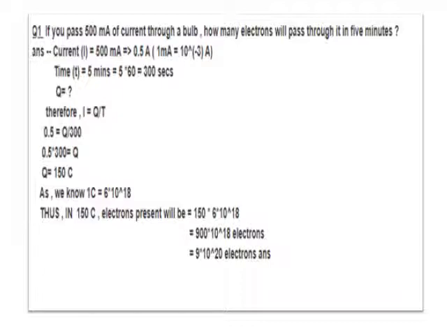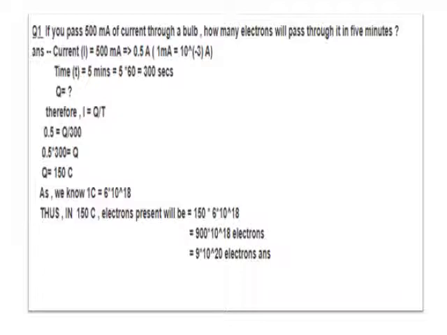If you pass 500 milliamperes of current, as I told you, this milliampere has to be converted into amperes, through a bulb, how many electrons will pass through it in 5 minutes? Again, the time given here is 5 minutes. 5 minutes has to be converted into seconds.